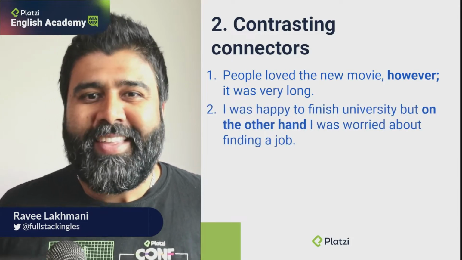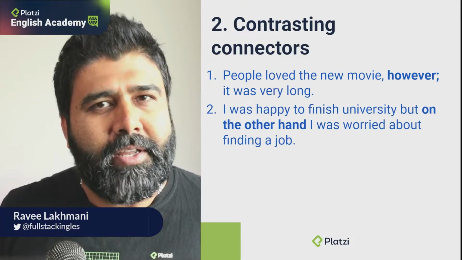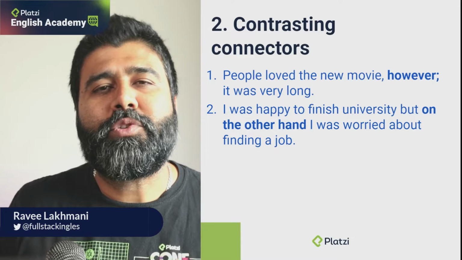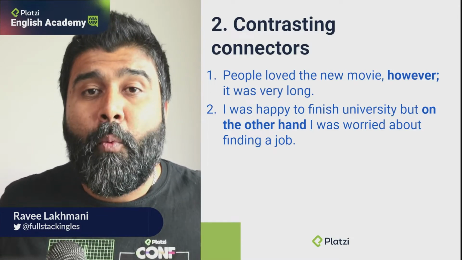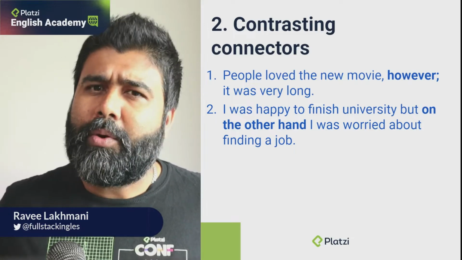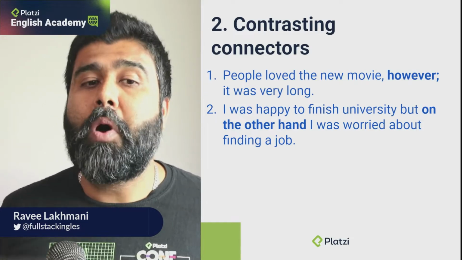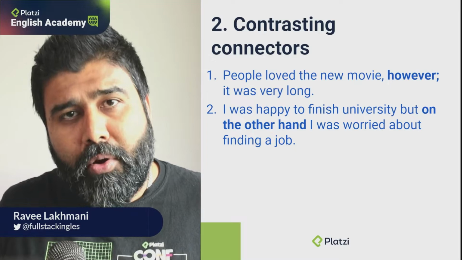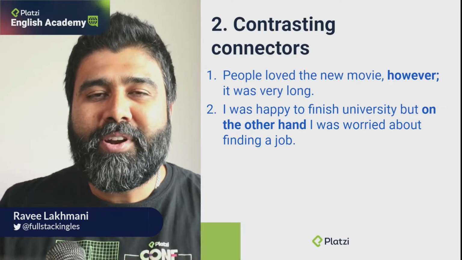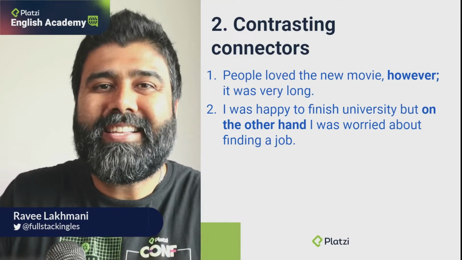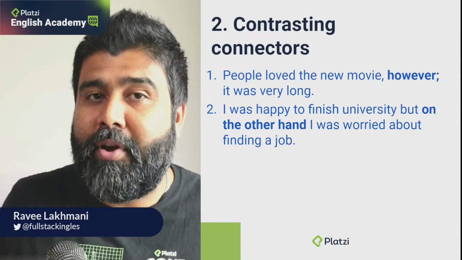Number two, I was happy to finish university, but on the other hand, I was worried about finding a job. Now imagine I say this without the connector. If I say, I was happy to finish university, I was worried about finding a job. Okay, you understand, but with connectors, this makes more sense. It makes it more understandable why I was worried.